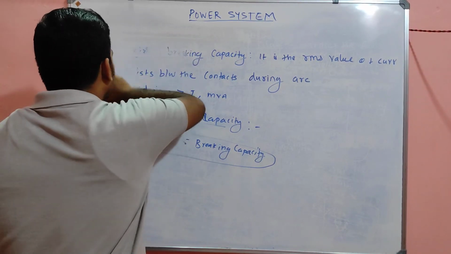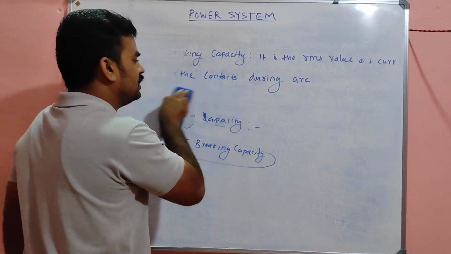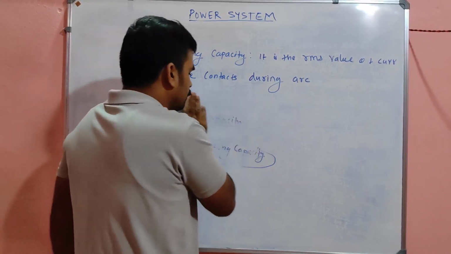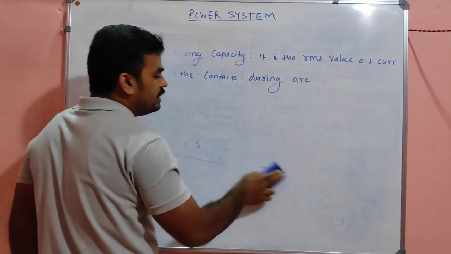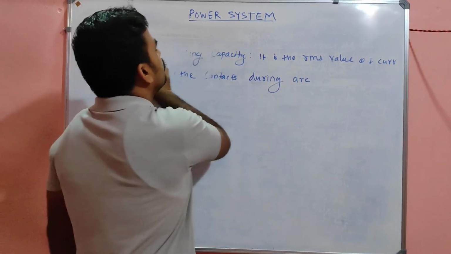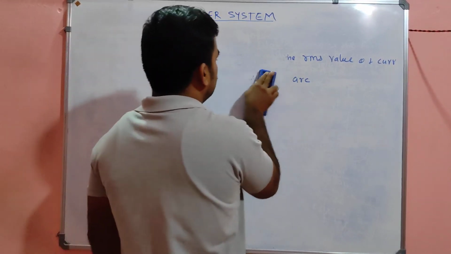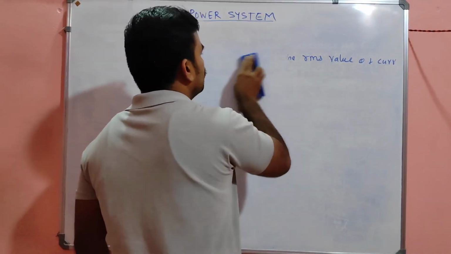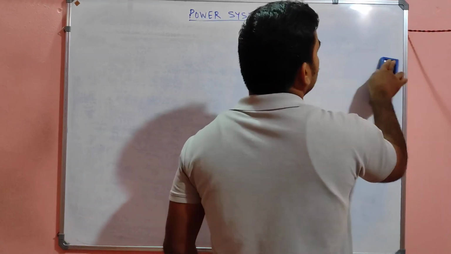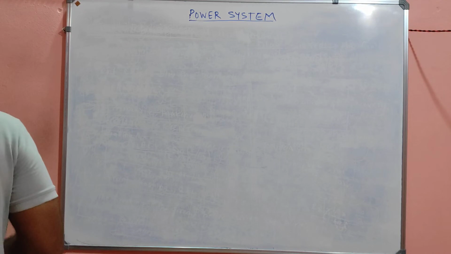Now we are going to briefly explain the different types of circuit breaker, because if you talk about circuit breaker in detail it will take hours, but from a competitive examination point of view we will not need that much content. We just need some important values. So, types of circuit breaker.